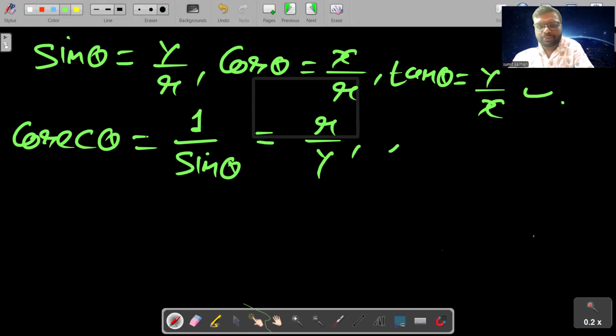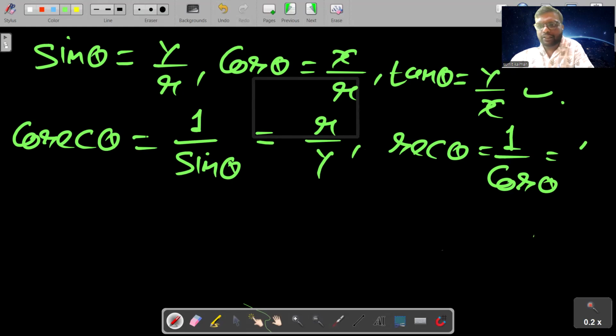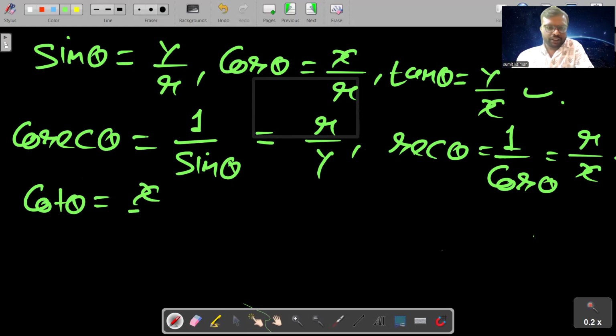Sec theta is also reciprocal of cos theta. So here sec theta will be equal to 1 upon cos theta, and here sec theta will become r upon x. Next is cot theta. Cot theta is the reciprocal of tan theta. So here cot theta will become equal to x upon y. So here, students, we have calculated all our trigonometric functions from sine theta to cot theta.